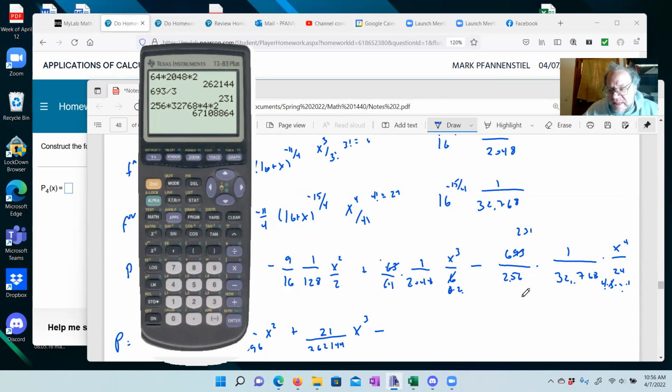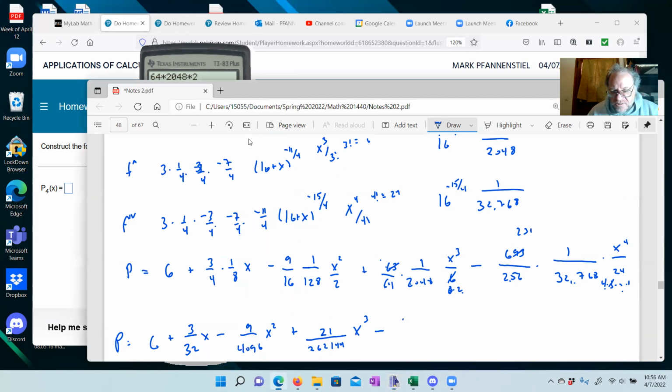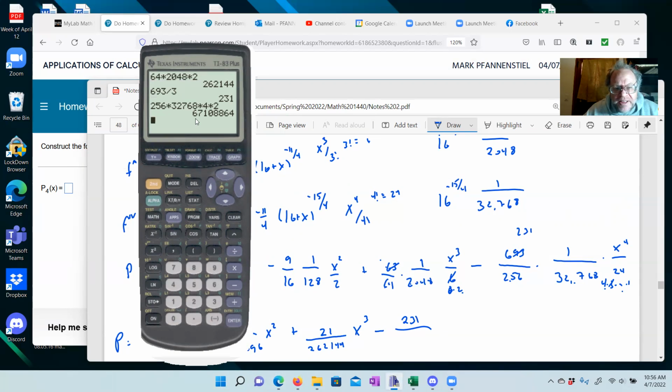So I think that is everything here that we got. I got the 4 factorial. We're okay. So this is going to be minus 231 divided by 671. It's a lot of doubling. So this is going to be what? 67,108,864.